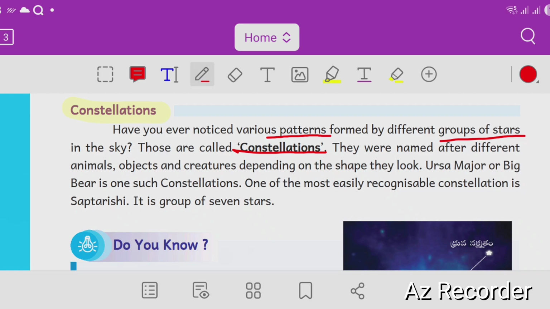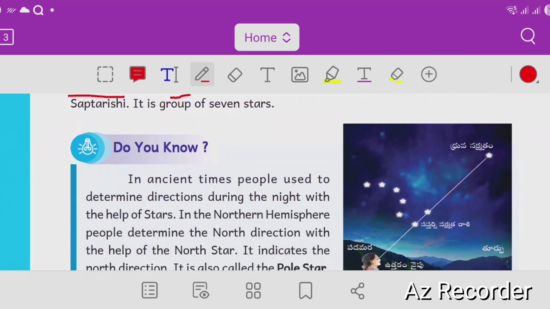That group of stars is called a constellation, and they are also named after different animals, objects, creatures, depending on the shape they look. For example, here we can see Ursa Major or Big Bear is one such constellation. Look here in this picture.